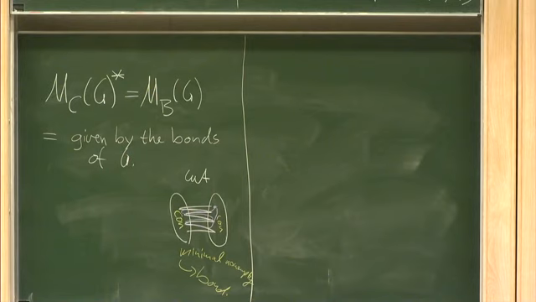So now let's move to infinite graphs. What matroids do we have there? The first matroid is called MFC of G, and it's given, again, by the cycles of the graph, which by definition must be finite.